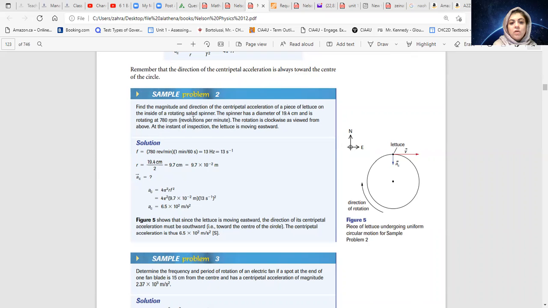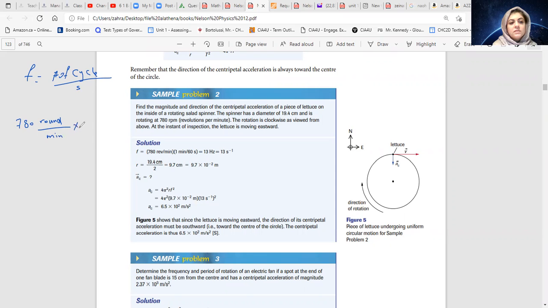What I'm going to do is make it revolutions per second, because this will be the frequency, the number of cycles per second. So 780 is revolutions per minute, right?